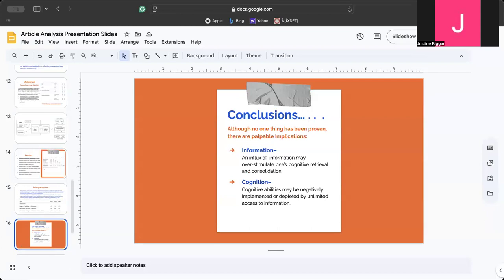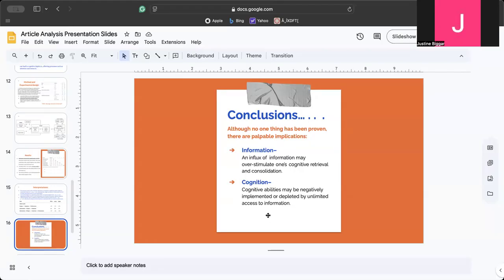And conclusions. Although no one thing can be proven, there are palpable implications from the experiments that I just presented. Regarding information, an influx of information may overstimulate one's cognitive retrieval and consolidation of important information.